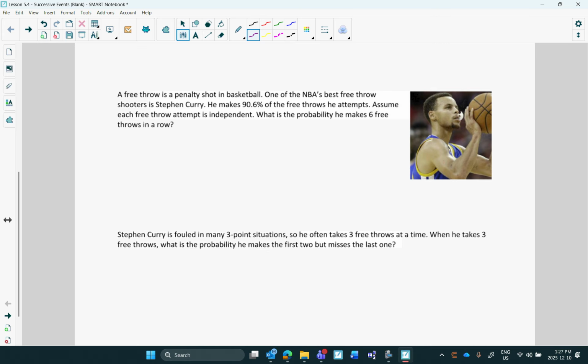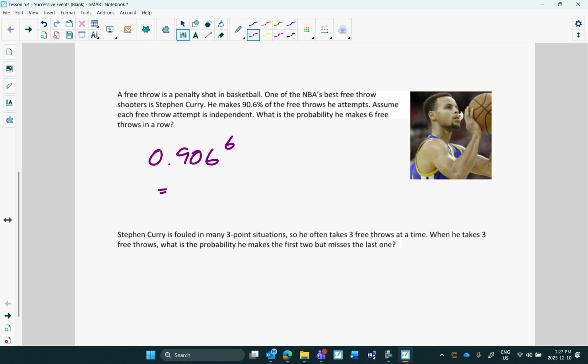It's always 90.6%. What's the probability he makes 6 free throws in a row? How would you find that? Don't think in percent all the time. 0.906 to the power of 6.